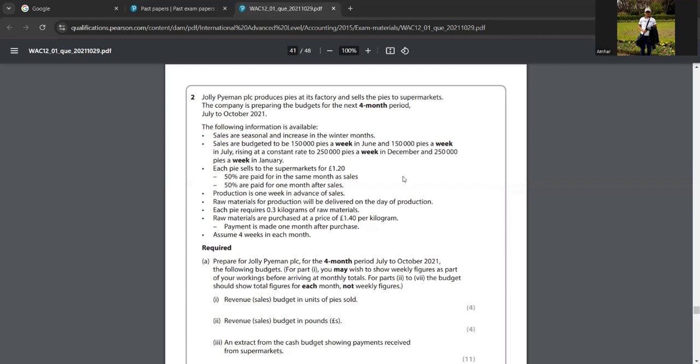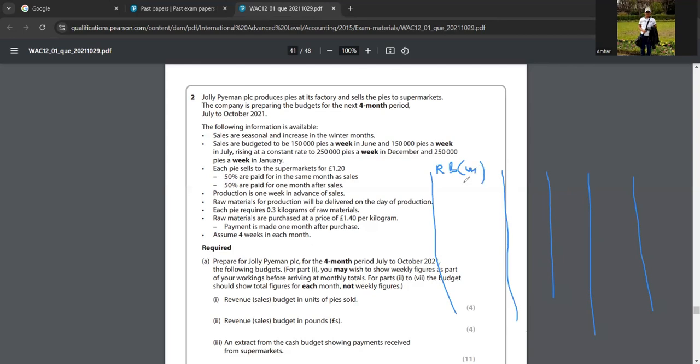Okay, so how will you prepare this? First, what you can do is you can draw 4 columns like this. In the first column you have to write revenue budget, RB, and in brackets you have to put units.